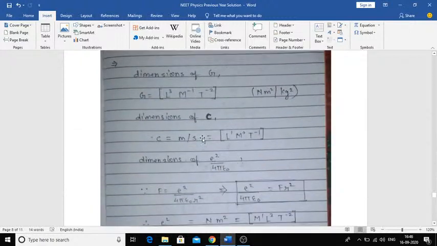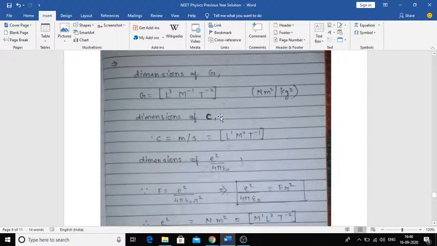Here you can see the dimension of capital G can be easily found as L raised to 3, M minus 1 and T minus 2. How can you find this? You always know that you have some constant values given in the exam. From there you can find the unit of the universal gravitational constant, and then from there you can write this dimension.